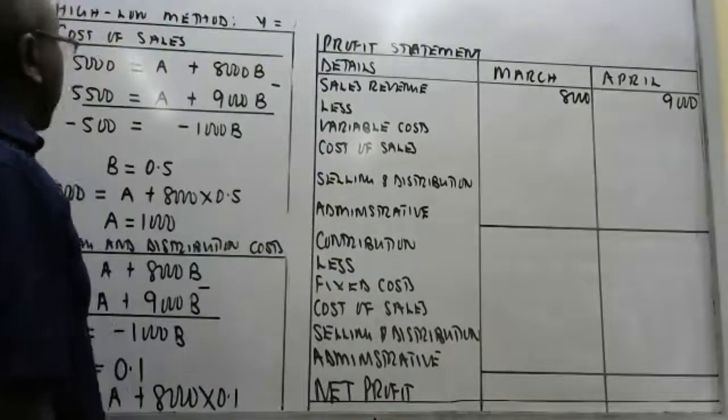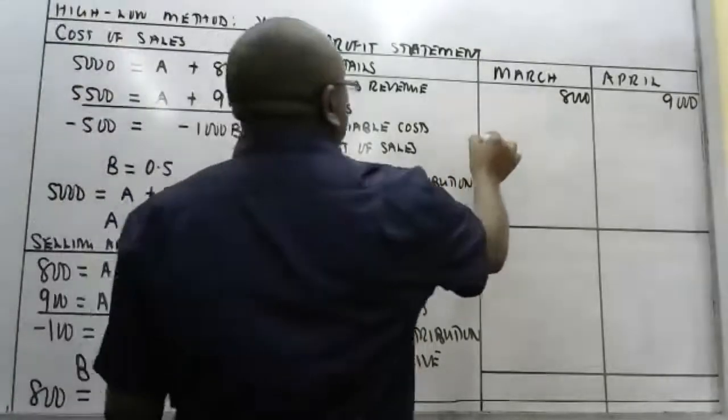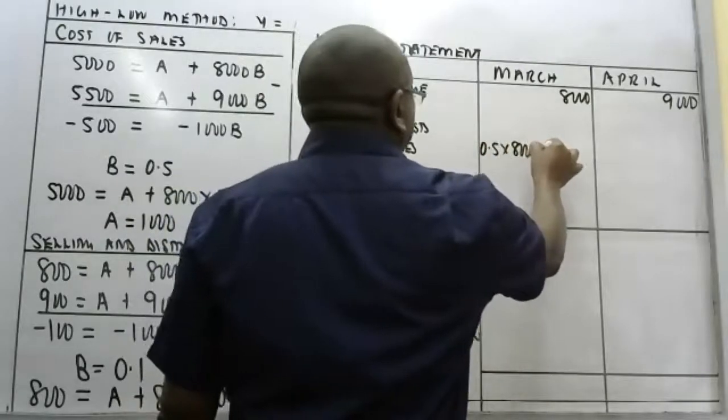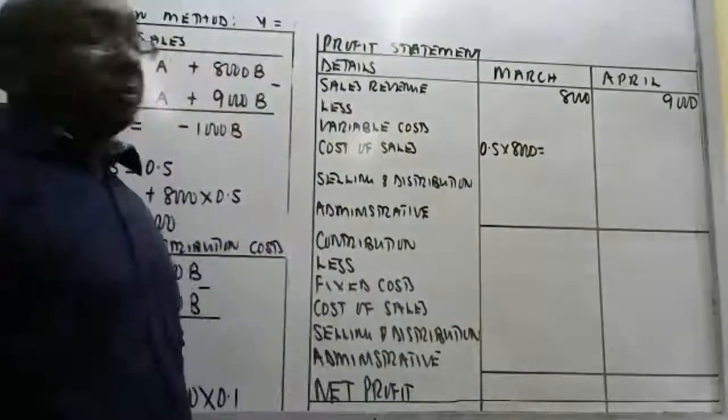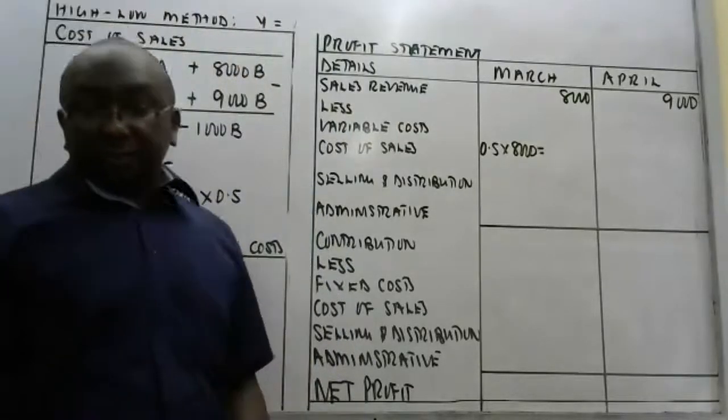So for cost of sales, our B was 0.5. So it will be 0.5 times 8,000. How much is that?